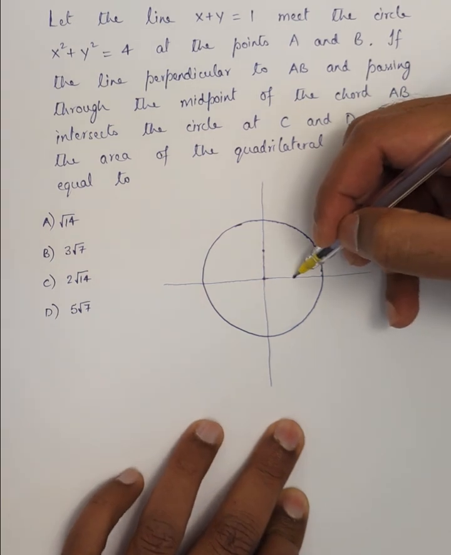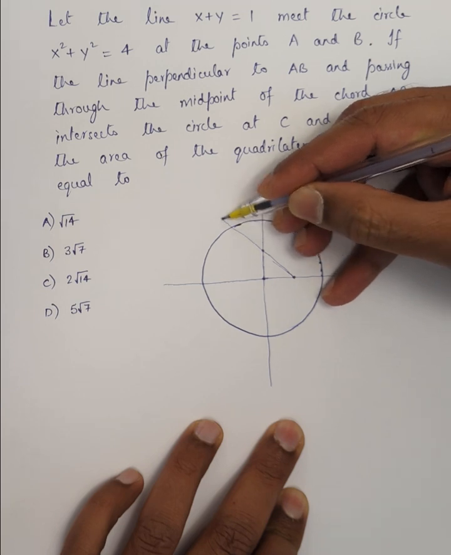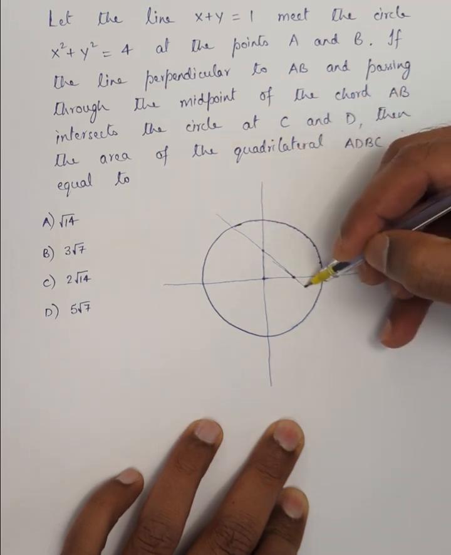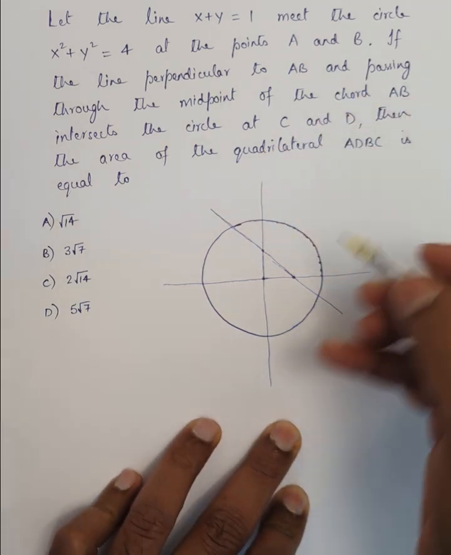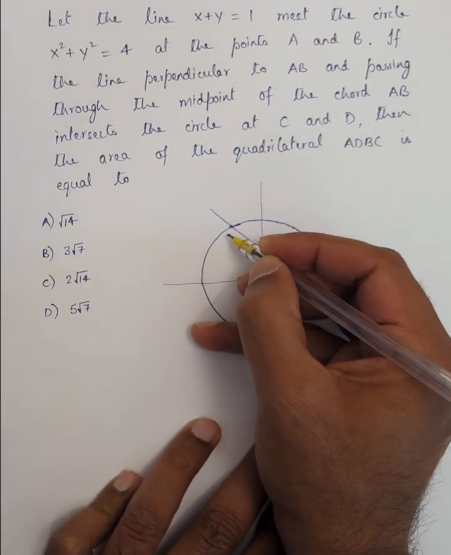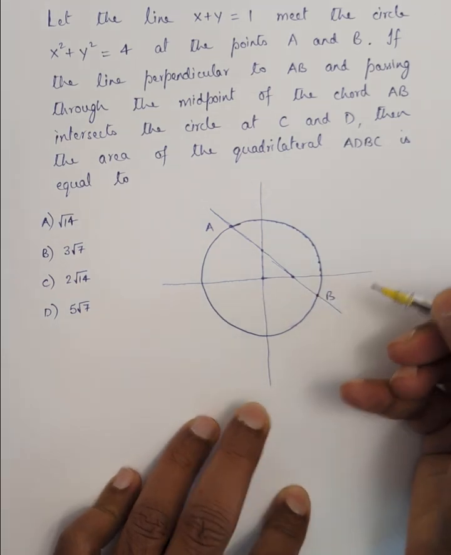So let's go ahead and draw that line as well. So it meets the circle at points A and B. So this is A and that is B.